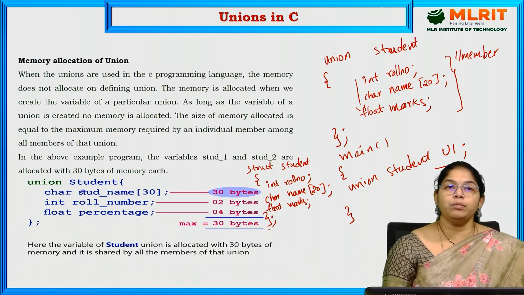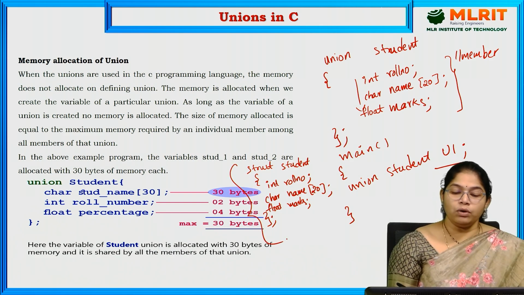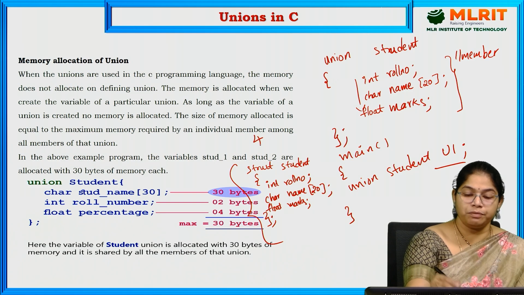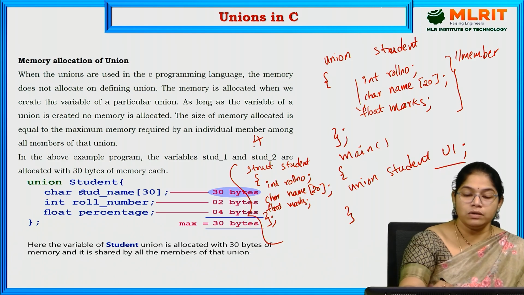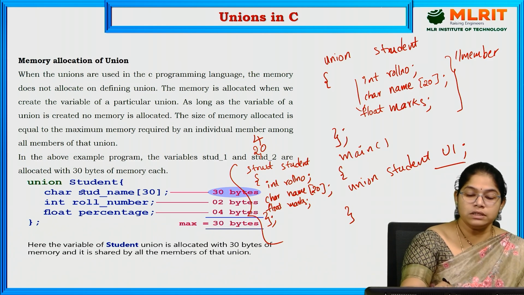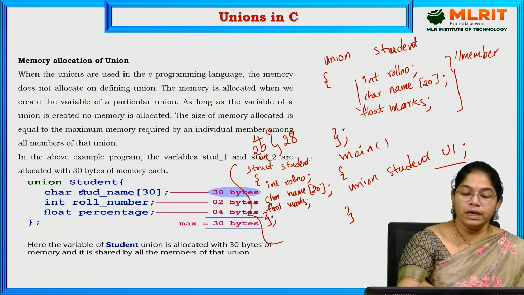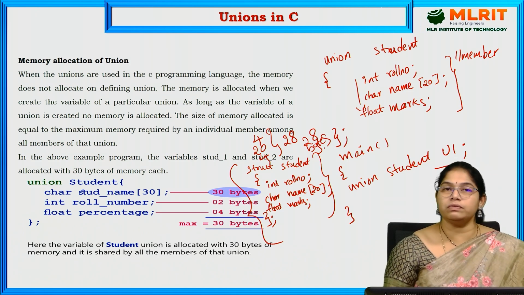The difference is the memory allocation. Here int occupies 4 bytes of memory, then the character array, where I mentioned the size is 20, and character occupies 1 byte, so it is 20. Then marks is of float, so it is 4. So in total, 28 bytes of memory is allocated for this structure when the structure variable is created.